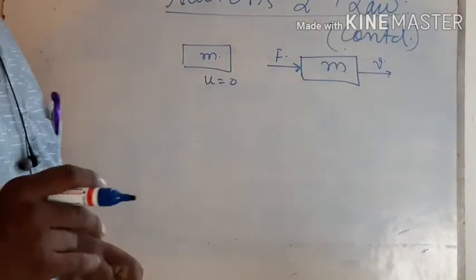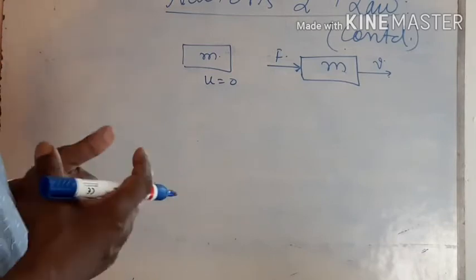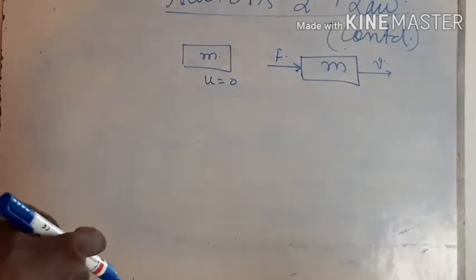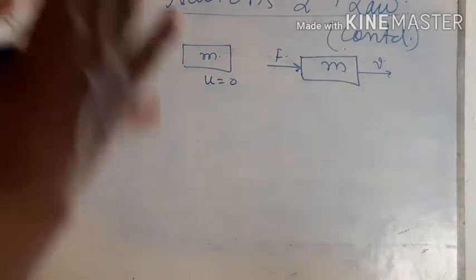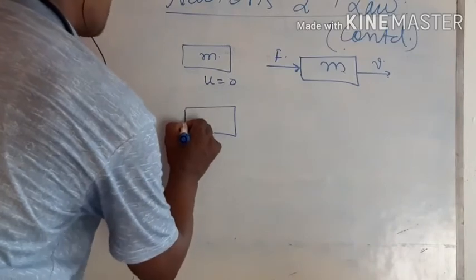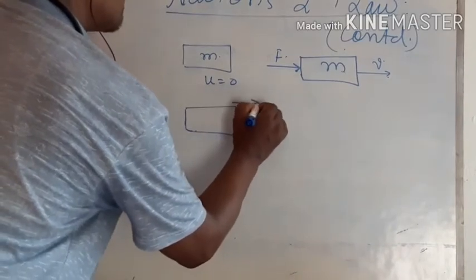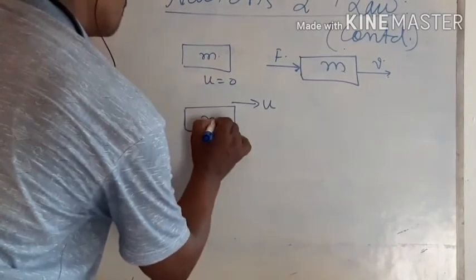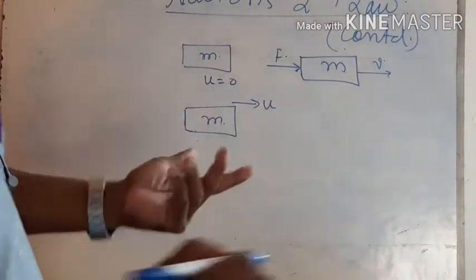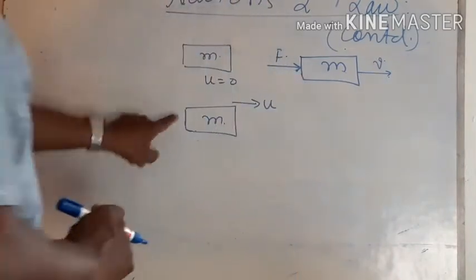Again, the second statement of Newton's first law, the other statement, is that if a body is already in motion, say if it is in constant motion with initial velocity u, then the body will remain in its initial velocity u unless some external force is applied.